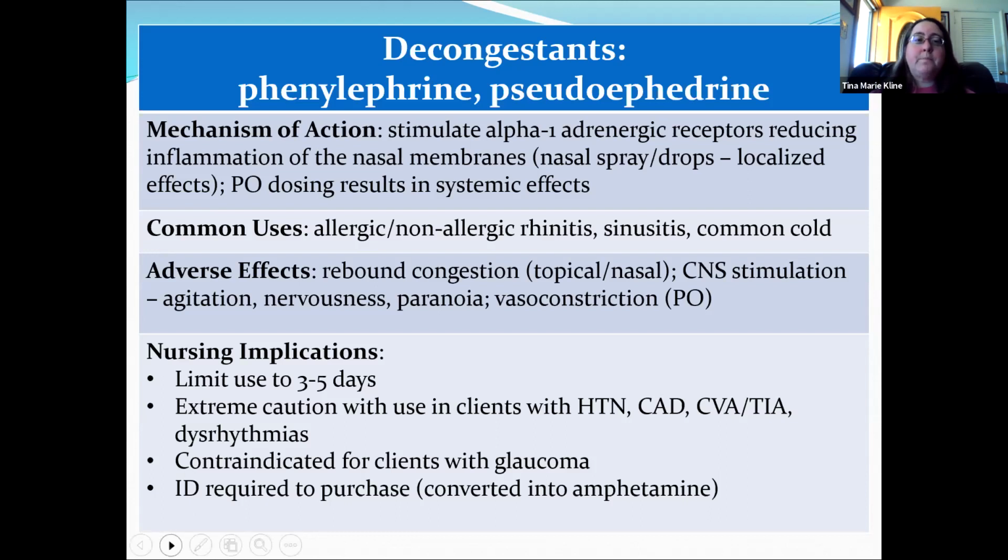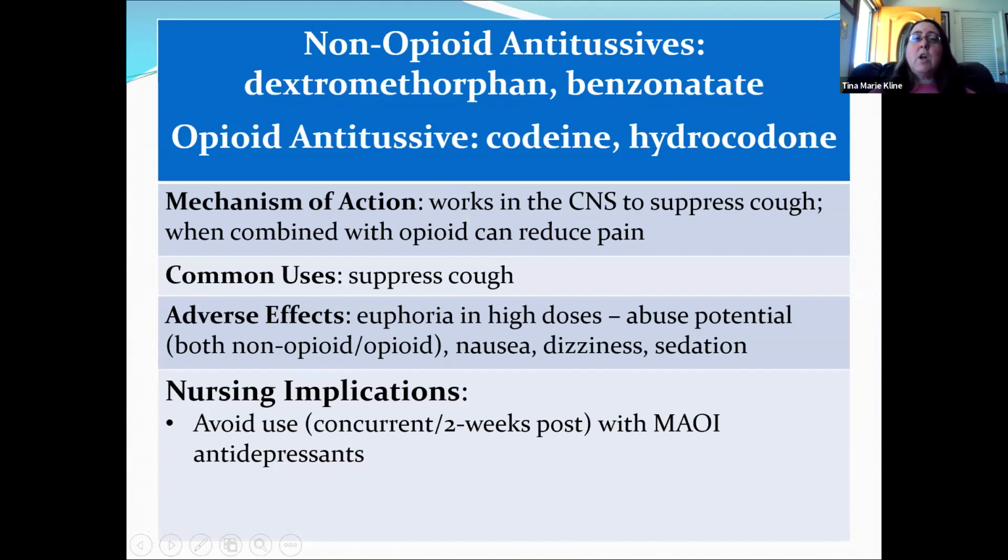Okay, so your antitussives, these are all about suppressing cough. Now, sometimes you'll have an antitussive that is combined with an opioid, and that can help with some pain management as well. Because if you have somebody who's persistently coughing, it will actually cause chest discomfort.